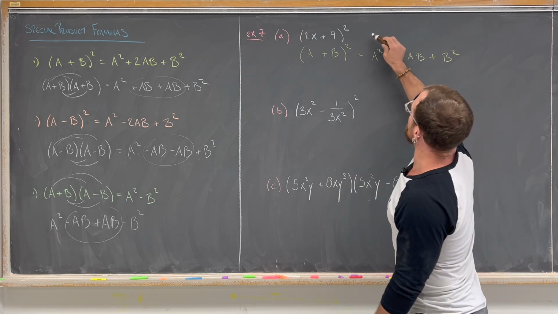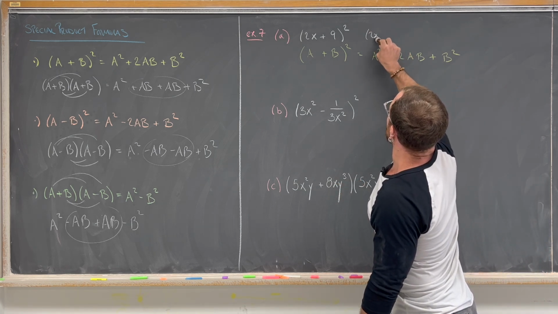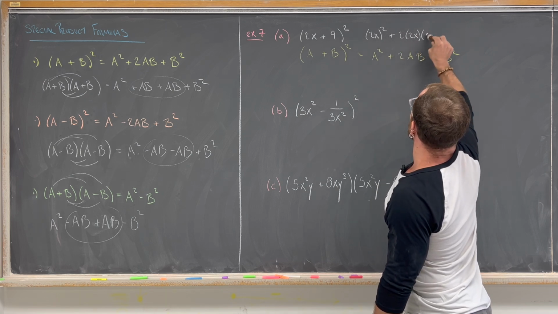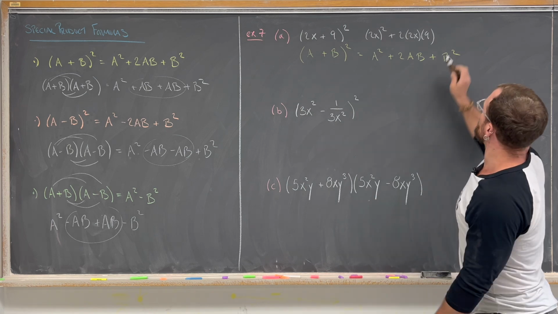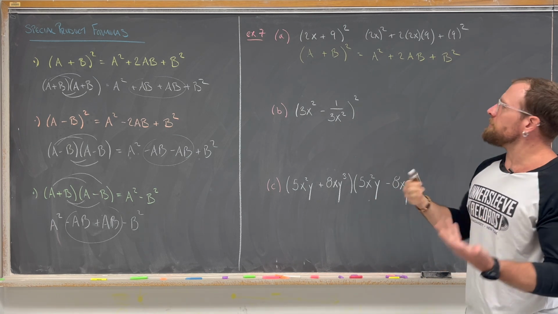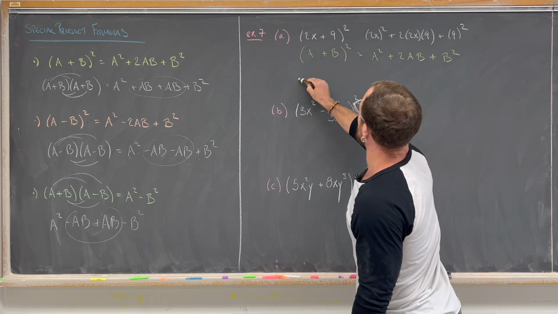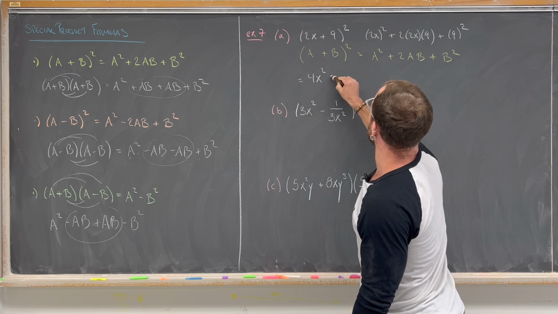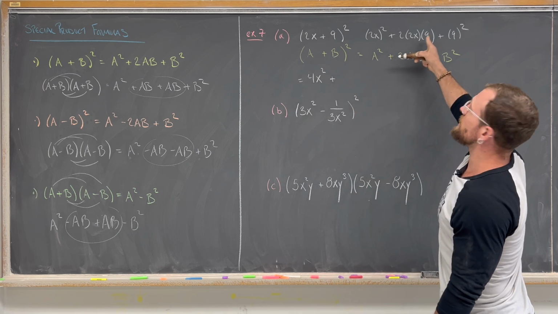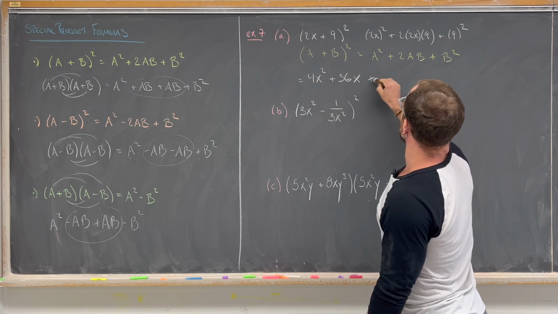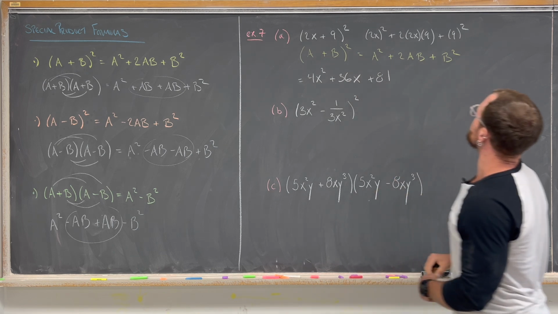So that is 2x squared plus 2 times 2x times 9 plus 9 squared. Now I just have to see what this results in. So that's 2x squared is 4x squared, plus this would be 2 times 9 is 36x, plus 81.